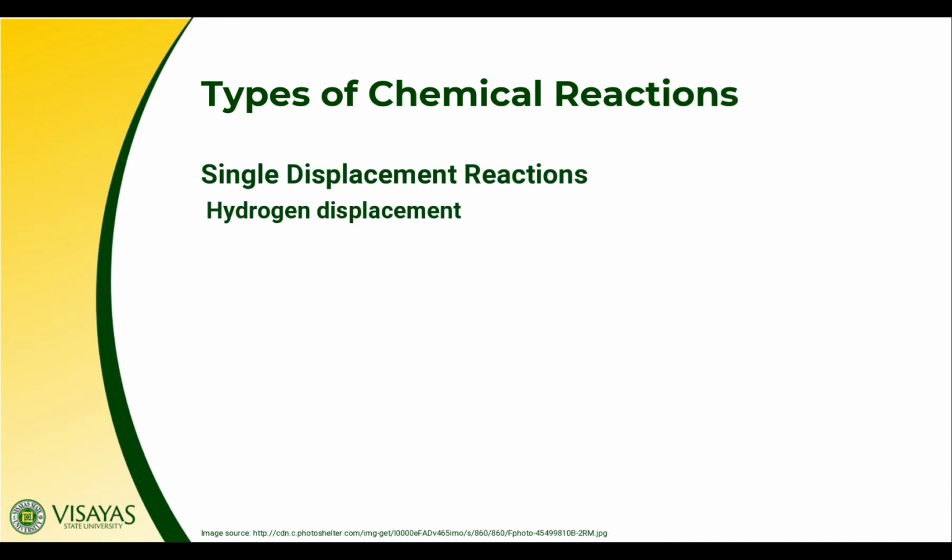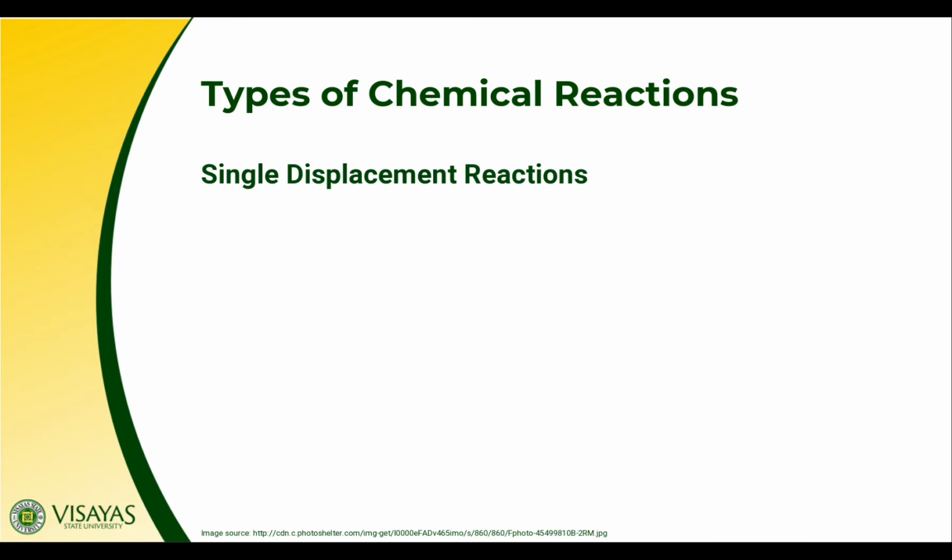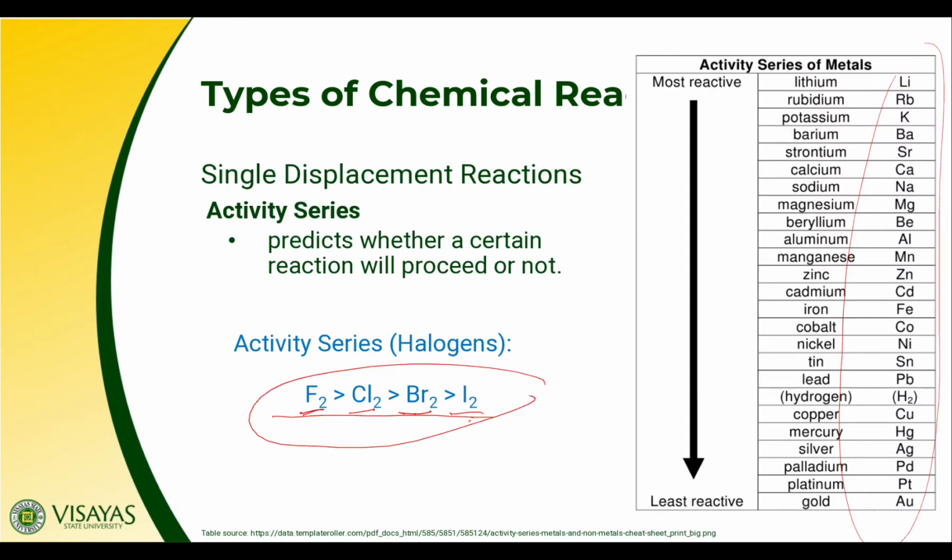Okay, let's have some examples. Hydrogen displacement. When you say hydrogen displacement, hydrogen is being displaced by a metal, forming hydrogen as one of the products. So what can displace hydrogen? Let's look at the series. Where is hydrogen here? Hydrogen is here, okay?